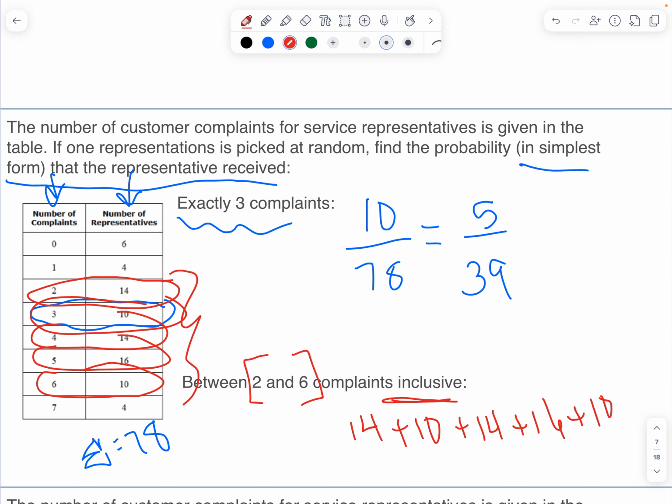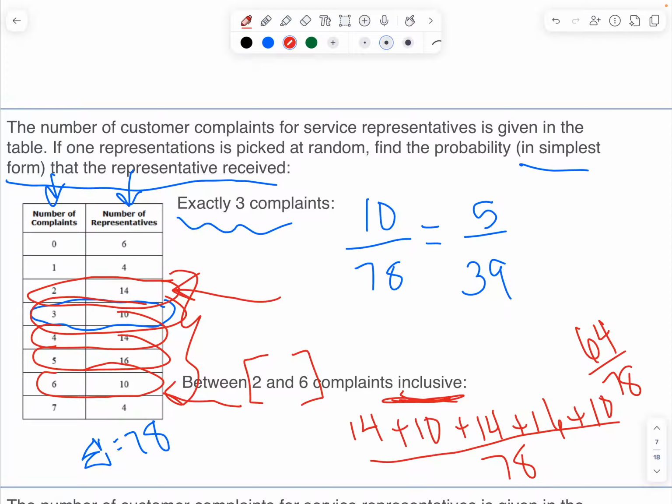And when they say inclusive, that means they want to count 2 and everything in between, up to and including 6. So we got 14 and 10 and 14 and 16 and 10. That's all over top of 78. So that's going to crank us down to 64 out of 78. And I think we can cut that in half, and we're going to get down to 32 over 39.